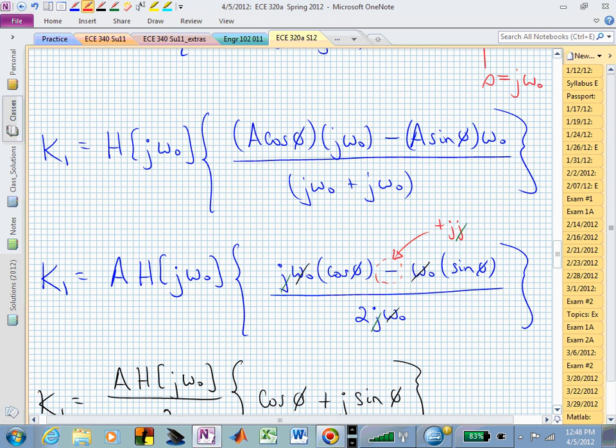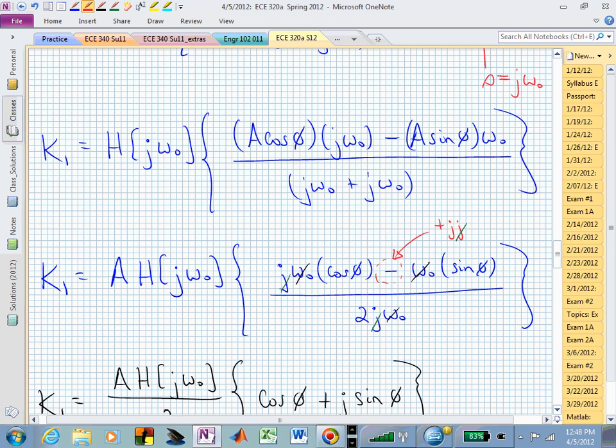And doing that, I can now replace this minus omega naught term in the numerator expression with a plus j omega naught. And I have a j in all three of those terms. I can cancel those.